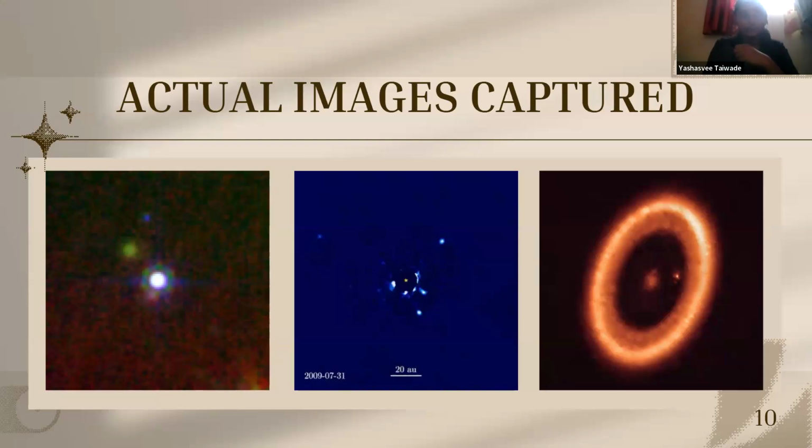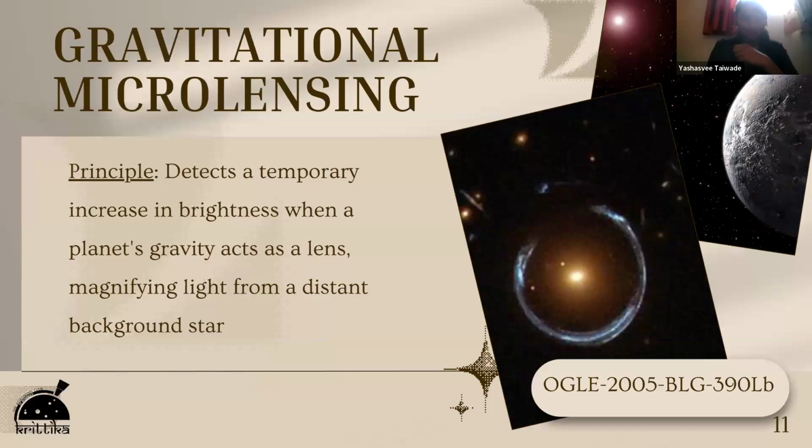Moving ahead, we have gravitational microlensing. I think people might know what gravitational microlensing is. It detects a temporary increase in brightness when a planet's gravity acts as a lens, basically magnifying the light from a distant background star.